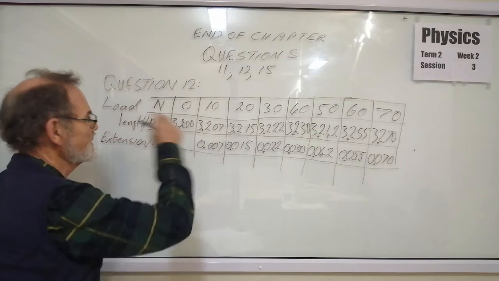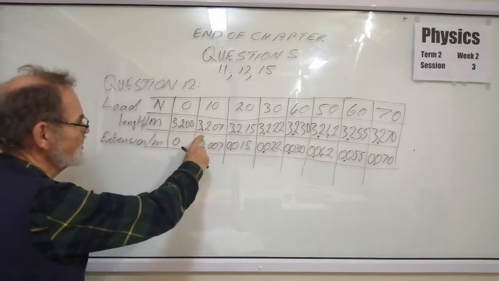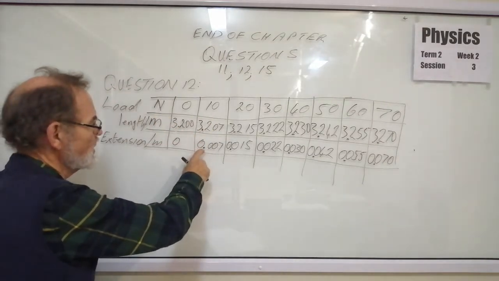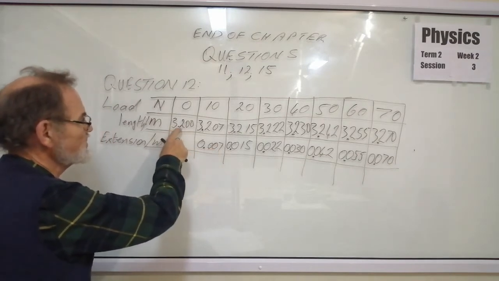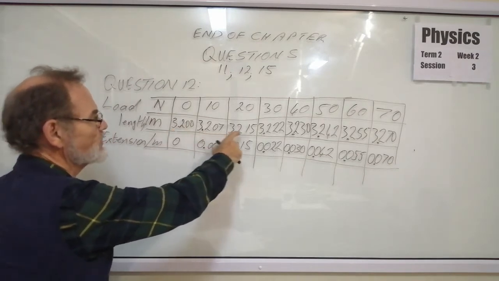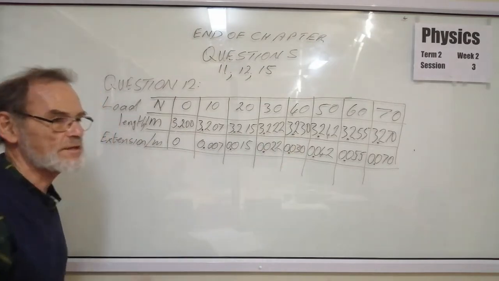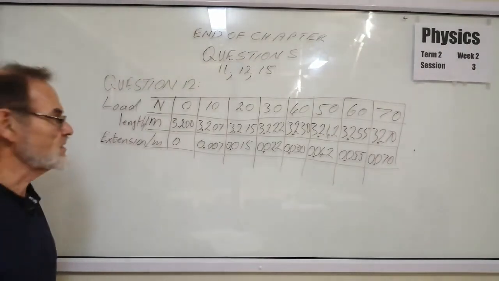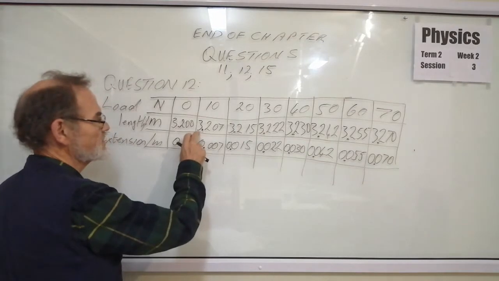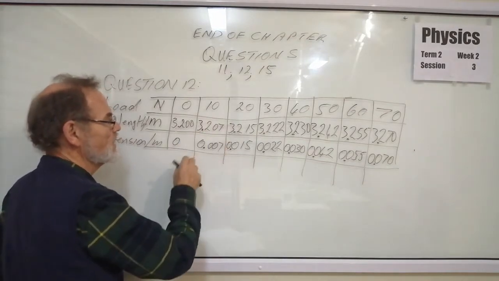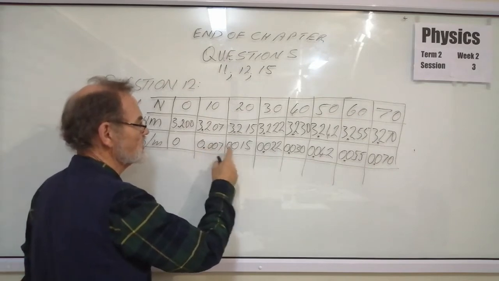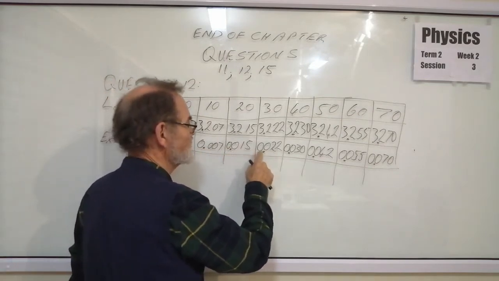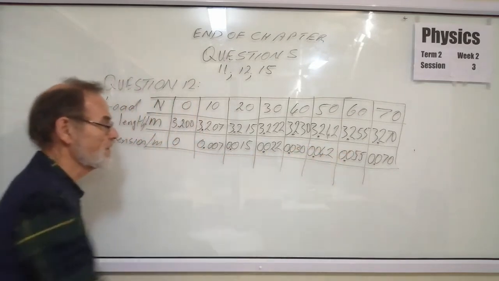Here there was 10. The difference is 0.007. Every time we just subtract the 3.2 from each one of these, and then we will get the difference, which is actually the extension. So that's why I've just taken out the 3.2 and put in zeros: 0.007, 0.015, 0.022, and so on.